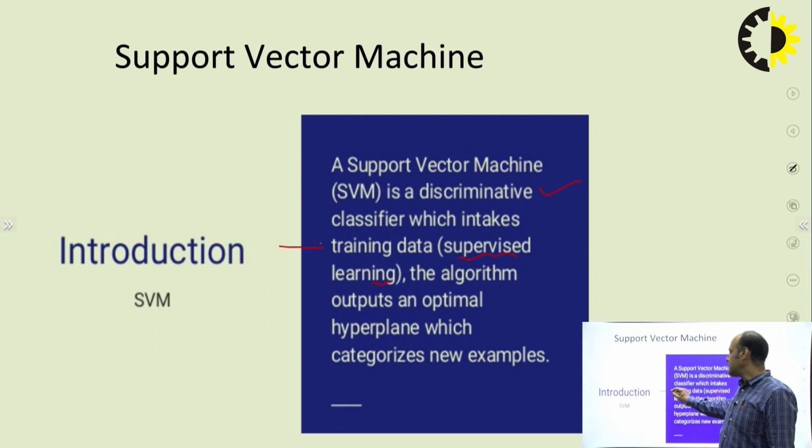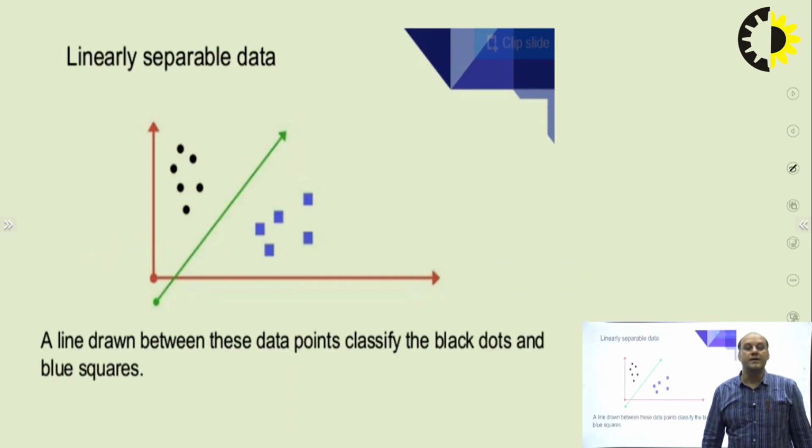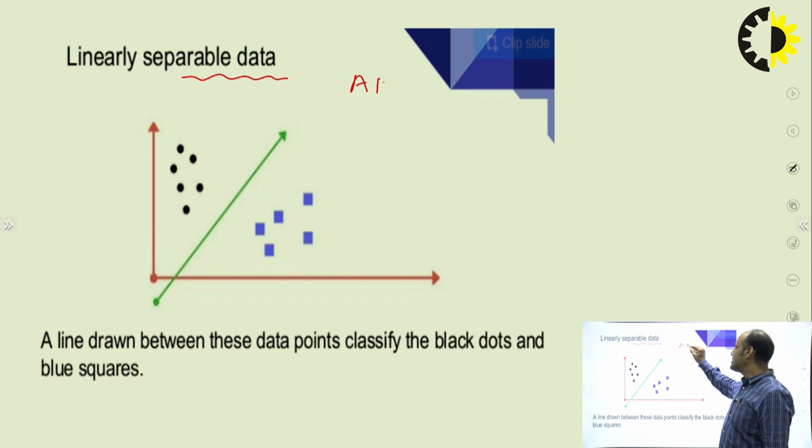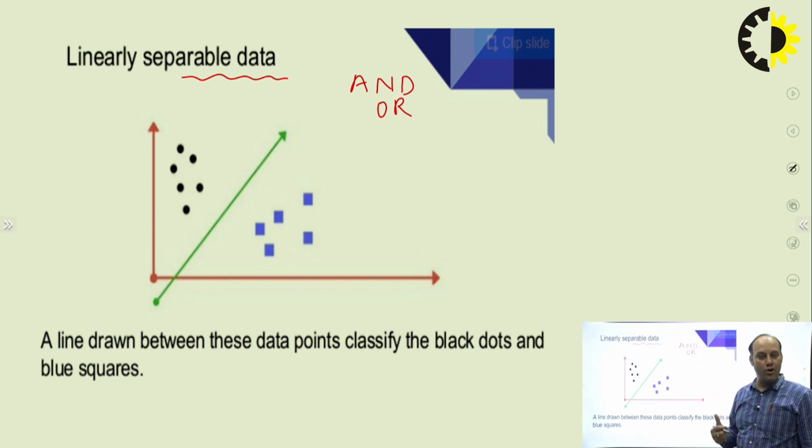So this is SVM. Now, you need to understand how these classes are classified. Some classes can be easily classified and some are very difficult to classify. For example, linearly separable data: you have all studied the AND and OR gates, and their truth tables.